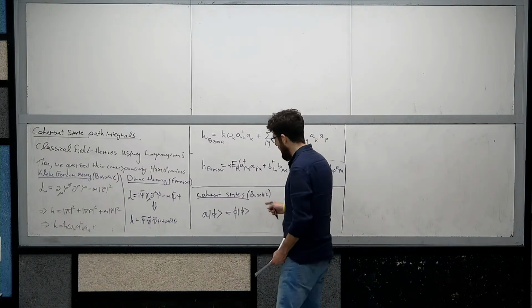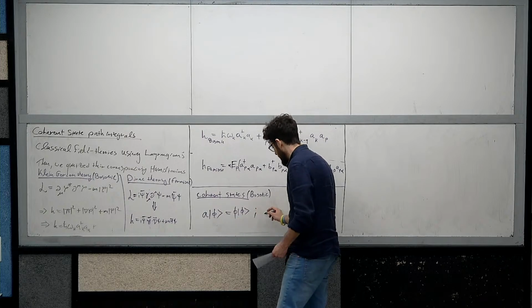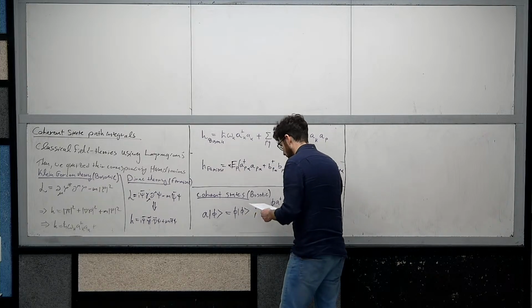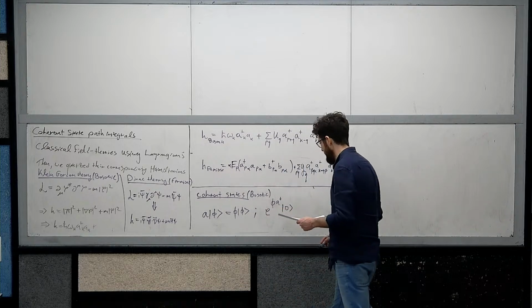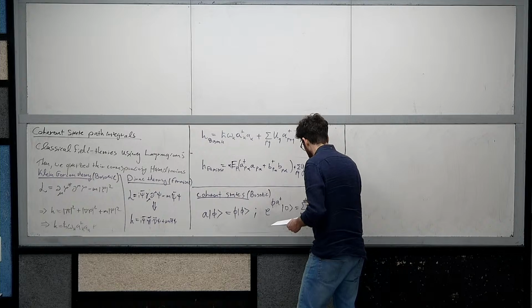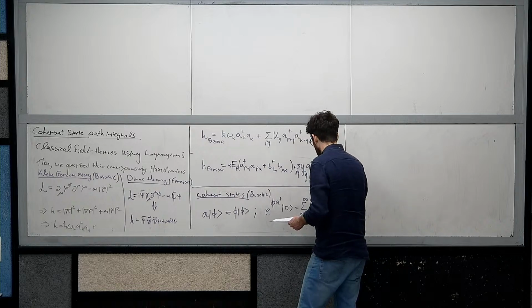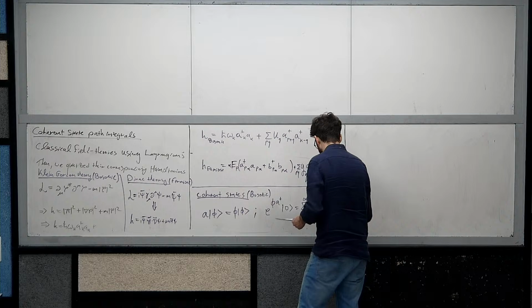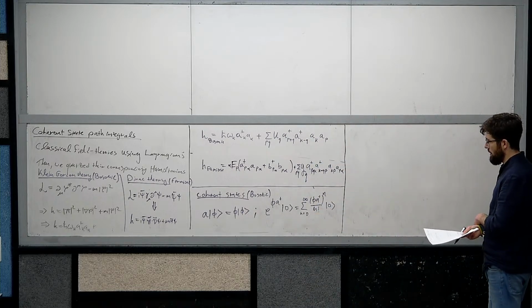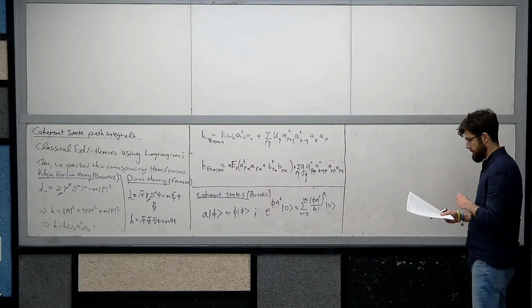And we can generate a coherent state like this by taking e to the phi a dagger acting on the vacuum, which would be a sum over n equal to 0 to infinity of phi a dagger to the power of n over n factorial acting on the vacuum. So you see that this coherent state is a superposition of many, many different occupational states.